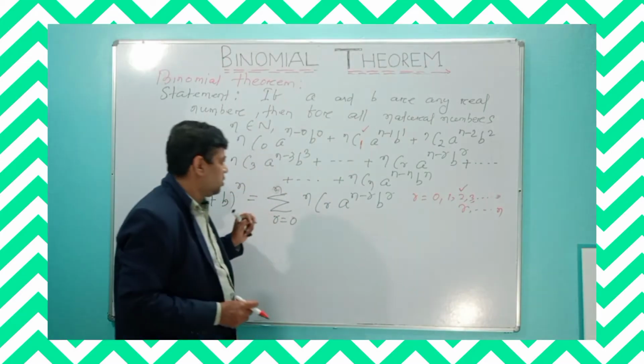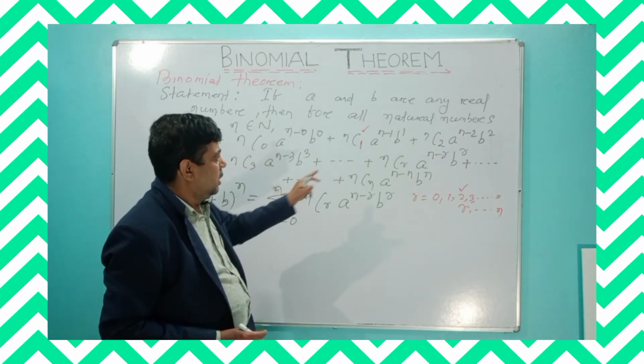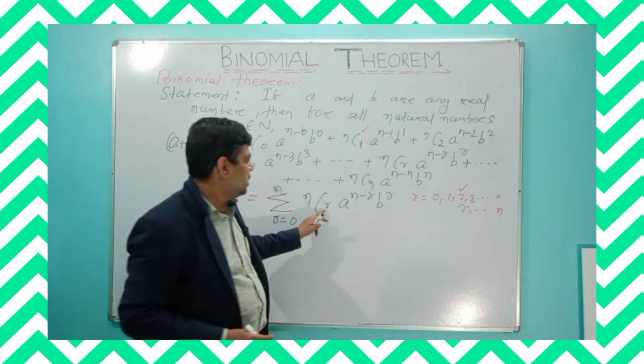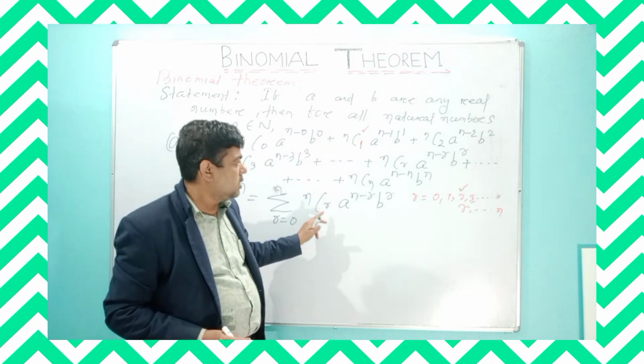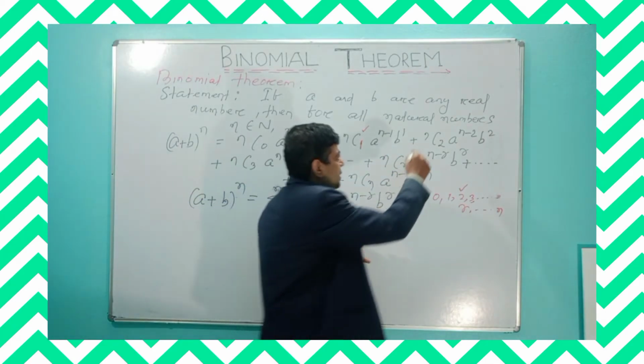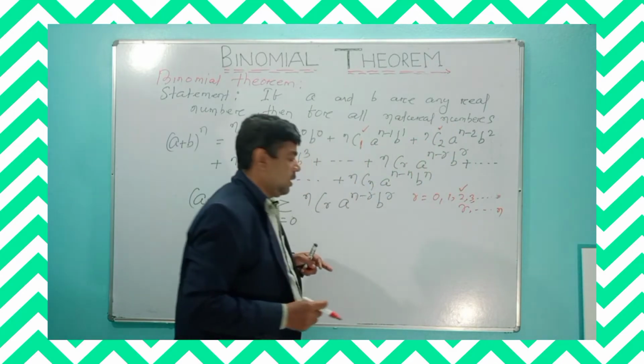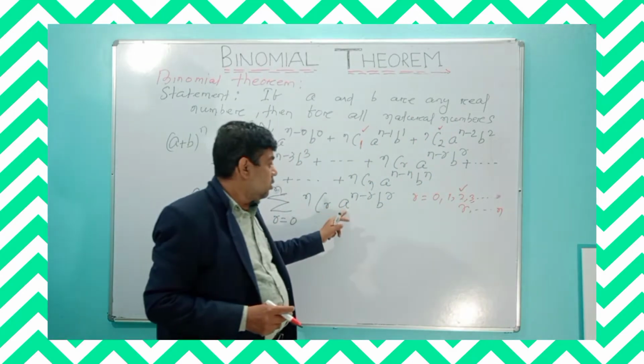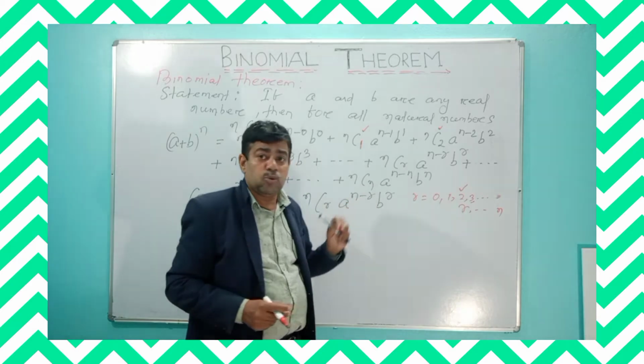So when r is equal to 2, we can write nC2, a to the power n minus 2, b to the power 2.